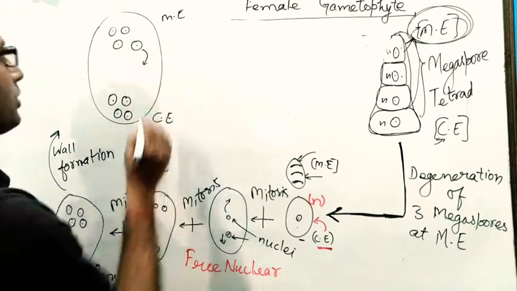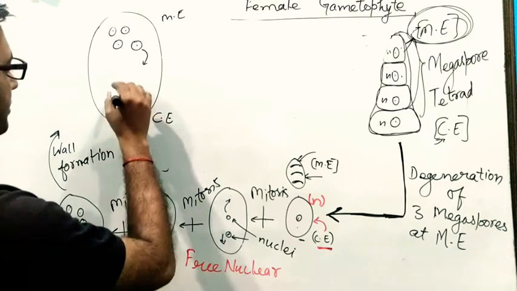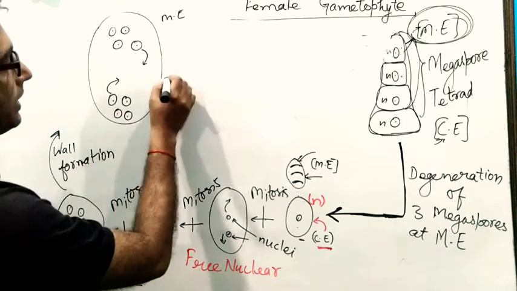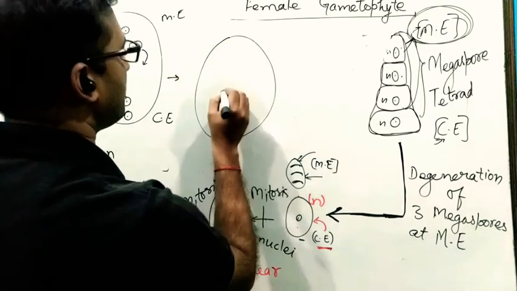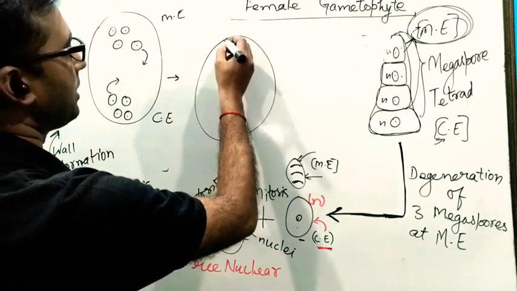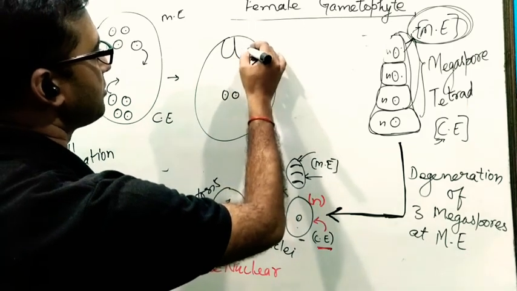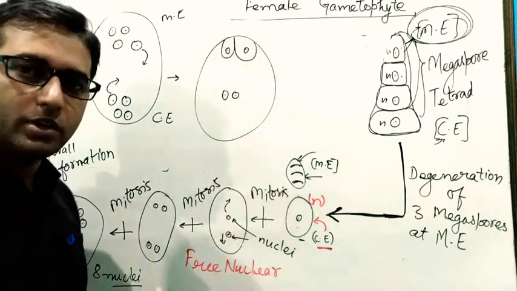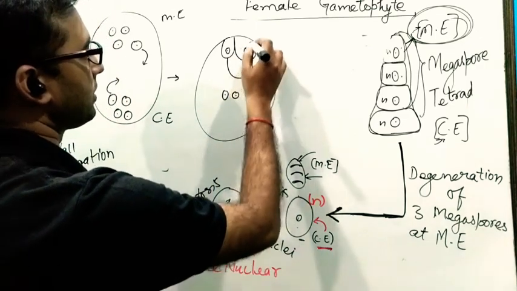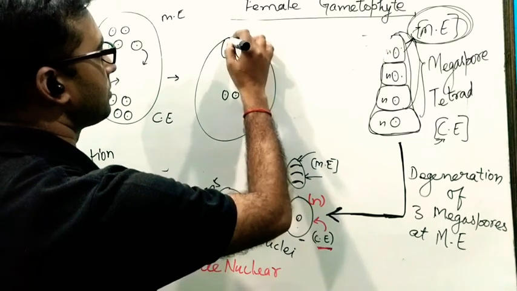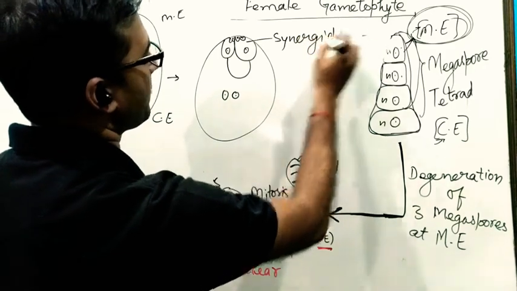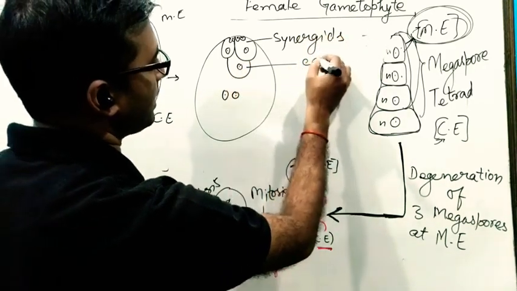One of the nuclei from the micropylar end and one of the nuclei from the chalazal end move towards the center, and they now lie at the central position. The remaining 3 at the micropylar end are converted by wall formation into cell-like structures. The lower two are known as synergids, and the upper one is known as the egg.